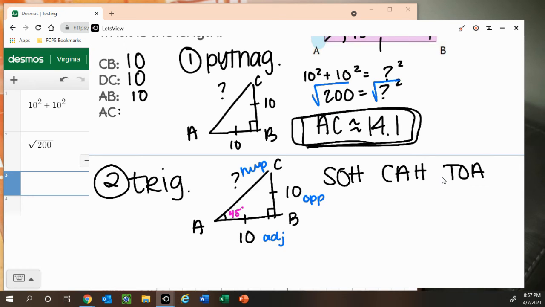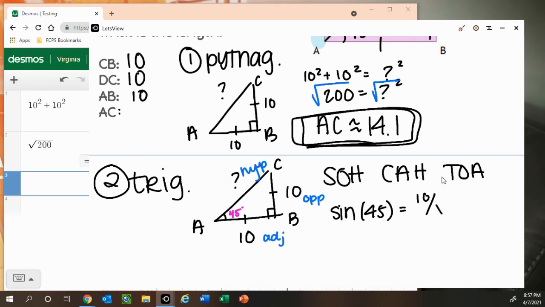Like I said, you can use whichever one you want. I typically use sine a lot, not for any really good reason. That's just the one that I tend to gravitate towards. So we're going to plug that in. We have sine of 45 degrees equals opposite 10 over hypotenuse, which is our question mark.